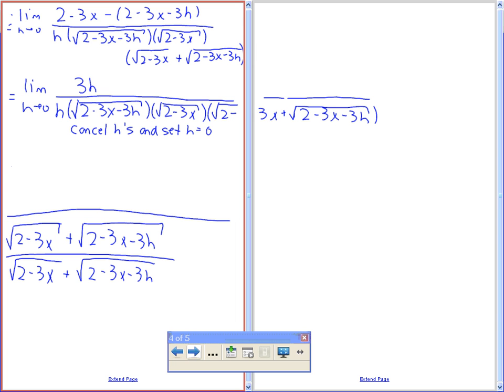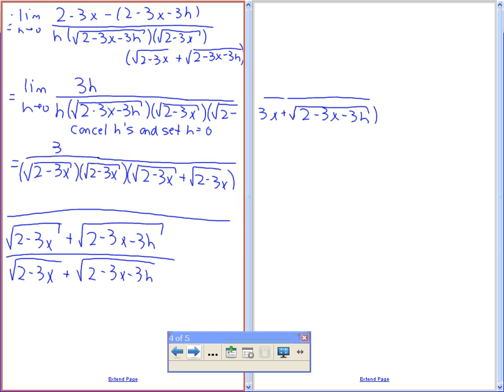The nice thing is that now it just equals 3 over root 2 minus 3x plus root 2 minus 3x. We're okay on that? All the h's cancel, that's what I did.